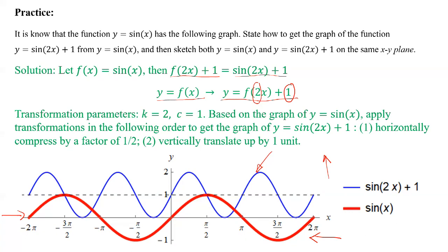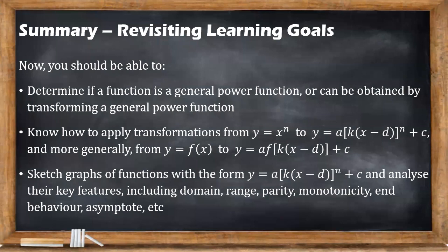Okay, if you don't, let's make a summary of today's lesson. Okay, let's revisit today's learning goals. Now, after today's lesson, you should be able to determine if a function is a general power function or can be obtained by transforming a general power function. For example, this is a general power function, f(x) equals x to the fourth.